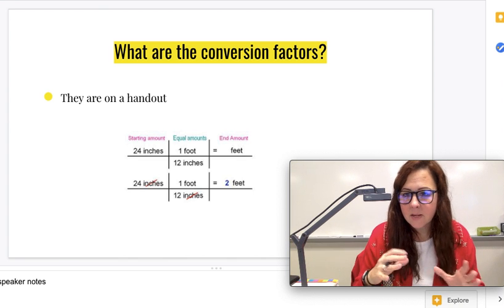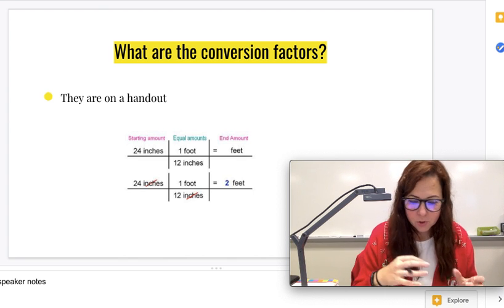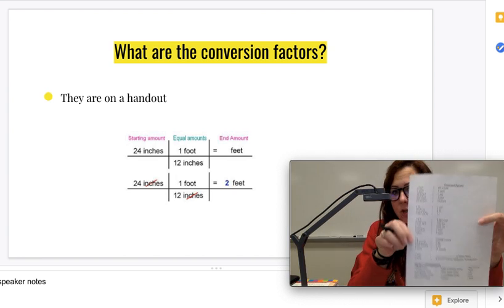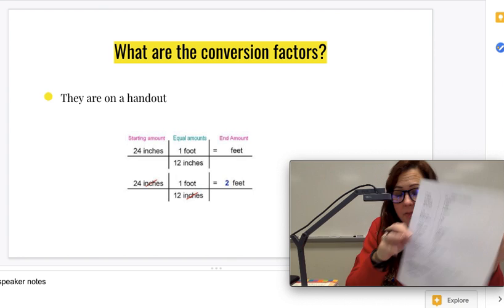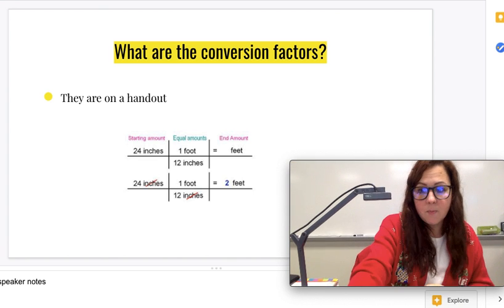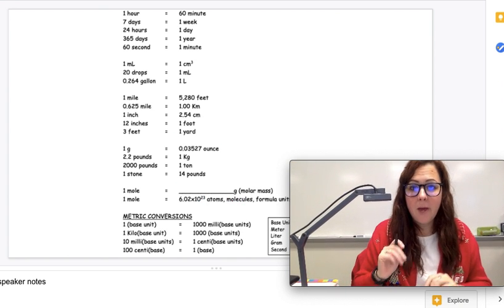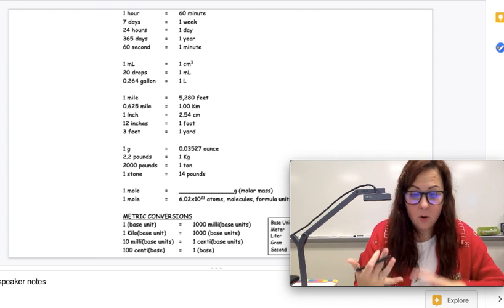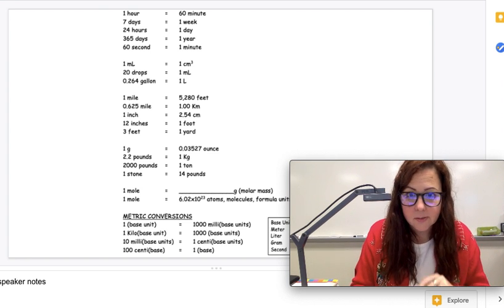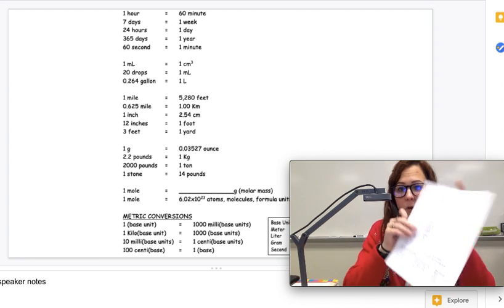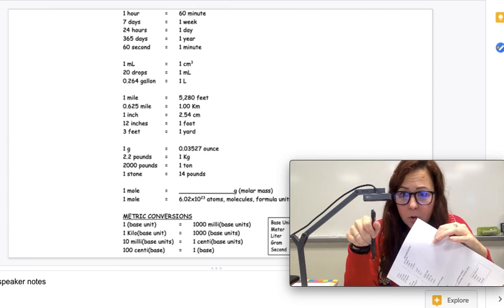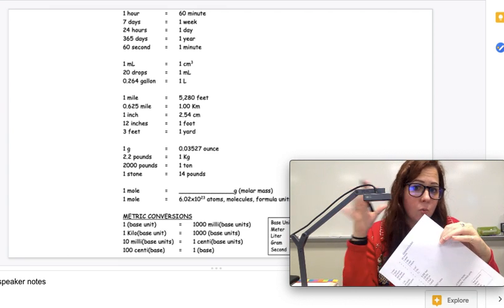So you have things like that that you're going to convert from one unit to another. And they're all going to be given to you on a chart that you're going to want handy when you're doing these math problems. So the paper that is in the folder, if you're not face-to-face, if you are face-to-face, you got this in class. But if you're not face-to-face, you're going to want this handy when you're doing any of these math problems, whether it's in the homework or in the lab or on the test or whatever it is.